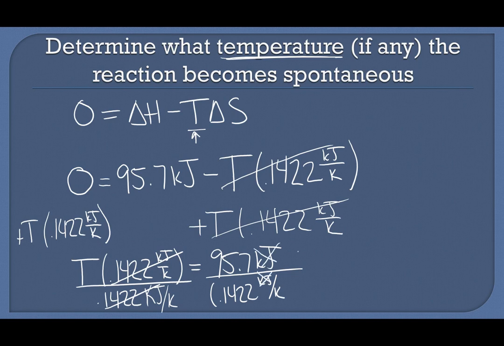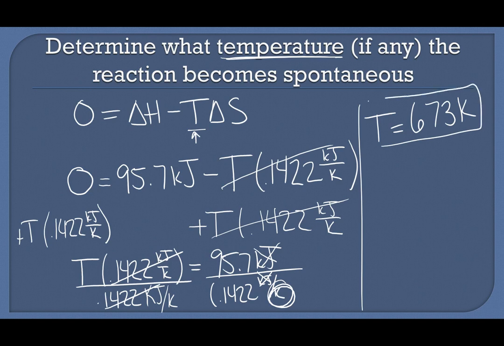So kilojoules cancel. We're left with the unit Kelvin, which is helpful because we're solving for temperature. So I'm going to take 95.7 divided by 0.1422, and at 673 Kelvin, delta G will be 0. Okay.